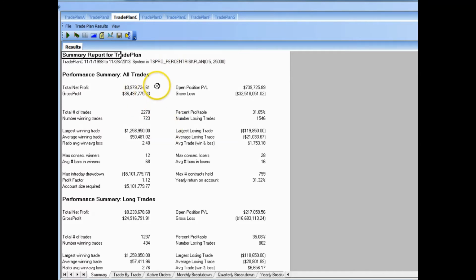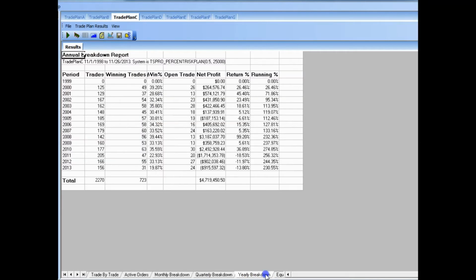So in any event, I made a tweak without changing the portfolio or any of the other parameters. I made one tweak to the system, and here were the results. And if you look at a yearly breakdown, we're profitable more years than not. The last 3 years are difficult. As I've said, the last 3 years have been very difficult for trend following systems.